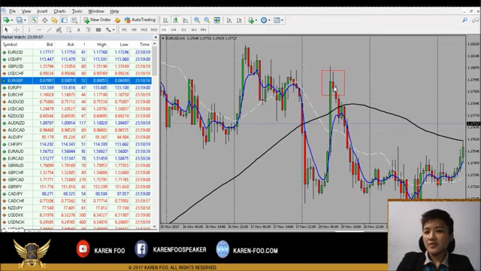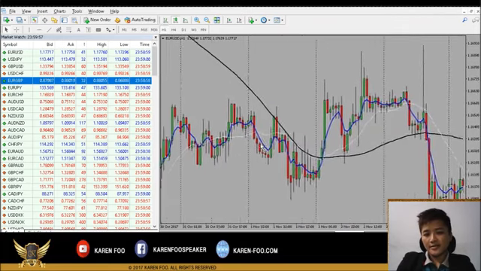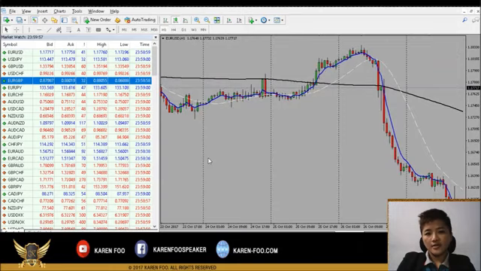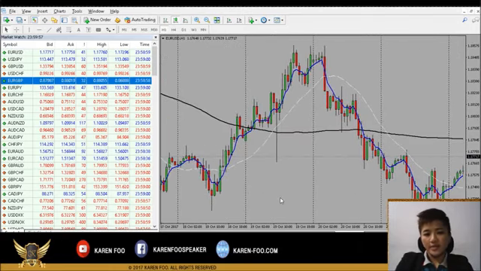This one is a lot more obvious, okay? This one got detached, this one got detached, and it has to come back down and attach back to 5 EMA. Okay, even as I scroll, you see that the price tends to stick to 5 EMA most of the time. It only gets detached once in a while, but most of the time, they tend to stick to 5 EMA a lot.